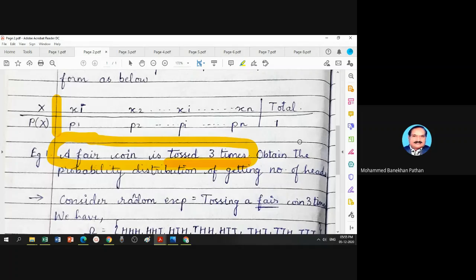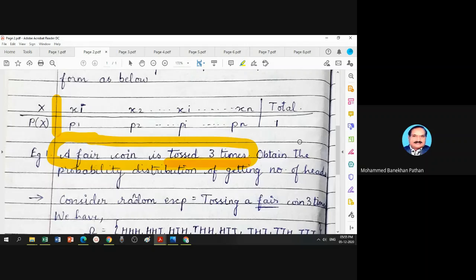It may be in equation form, it may not be. But the basic idea of a function is a relation, a correspondence. So any relation defined on the sample space to a subset of real values is known as a random variable.